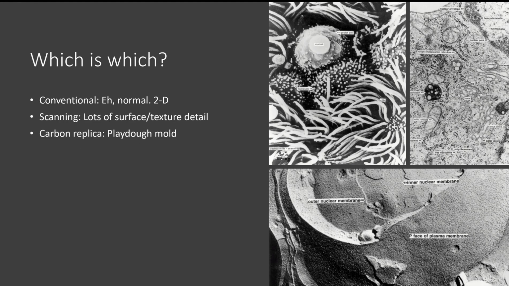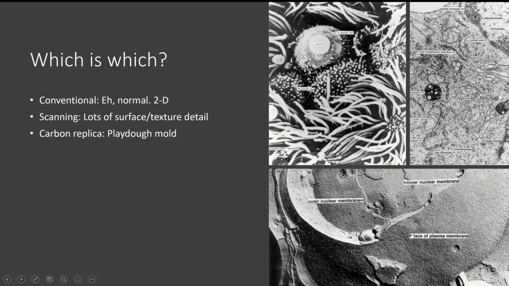So those are our three types. So now we're going to practice, and hopefully you guys can identify really easily which EMs we're looking at, right? So if you look here, which one is going to be the conventional one? Conventional transmission electron microscopy. Again, that's going to be the very normal looking one, right? The very flat 2D, two-dimensional one.